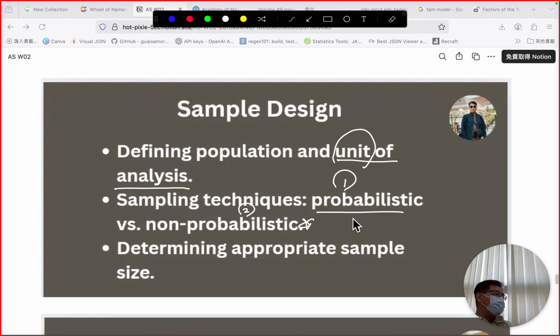It means convenience sampling, right? Convenient means it's convenient for me. I just deliver the questionnaire to my classmates, something like that. So it's non-probabilistic, but that's okay. For our MBA, it's just a practice. And appropriate sample size. Does anyone know what sample size means? What does sample size mean?